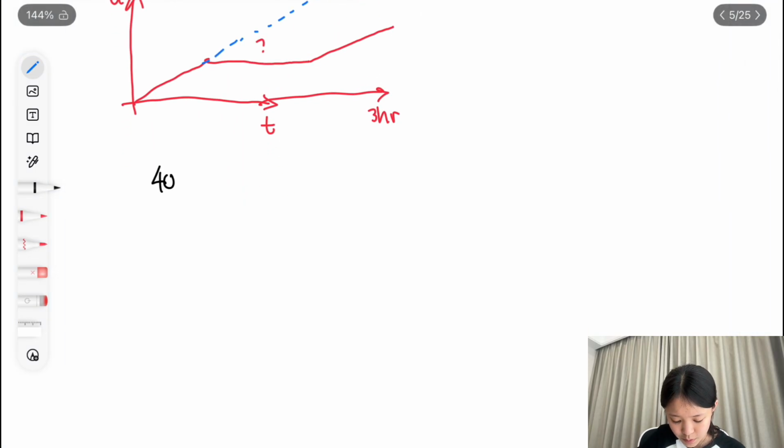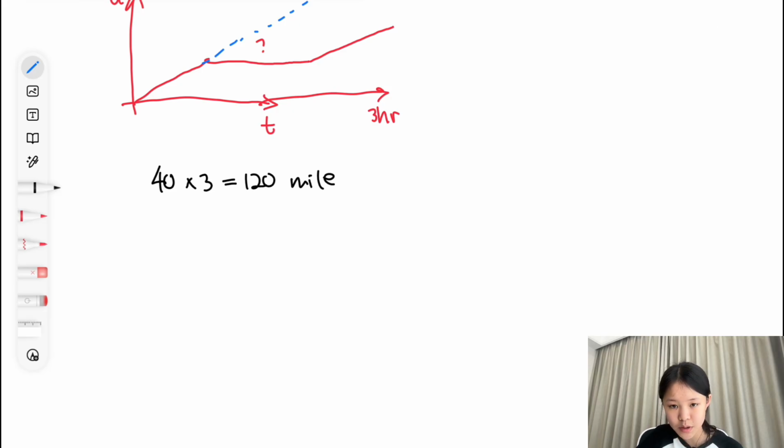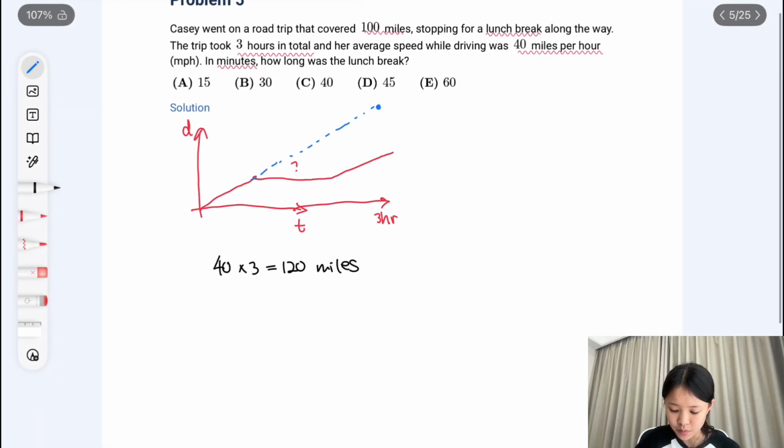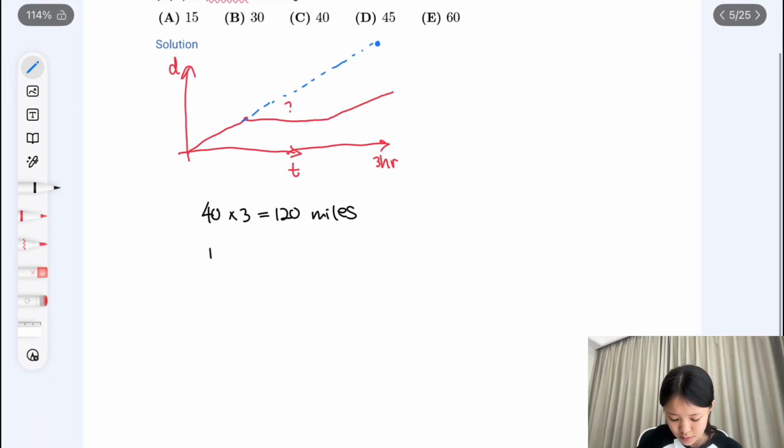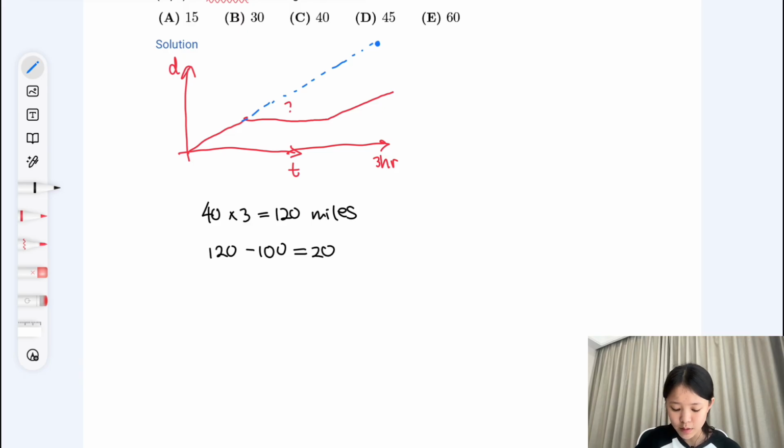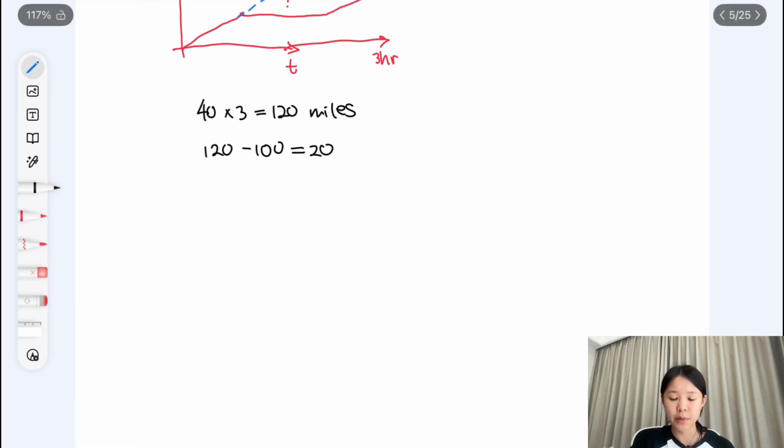So 40 times 3 equals 120 miles. And then how much did she move? In total, she moved 100 miles. So that's 120 minus 100 equals 20 fewer miles, and that corresponds to the time that she was not moving.